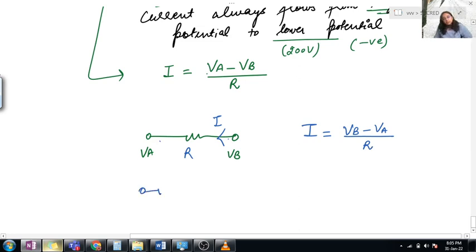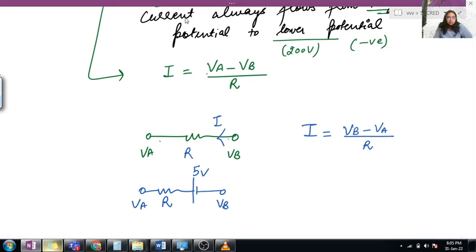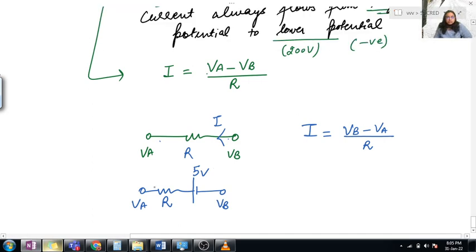Next I am taking another case. Suppose a battery is connected between VA and VB. This one is resistance R and this one is a battery of, suppose, 5 volt. I am taking a random example. Now your current is flowing from A to B. What is the value of current in this case?